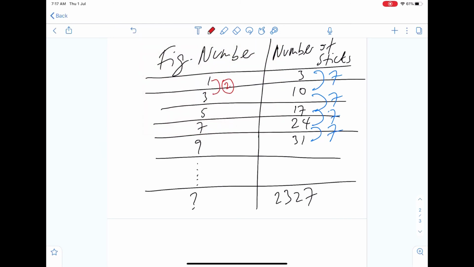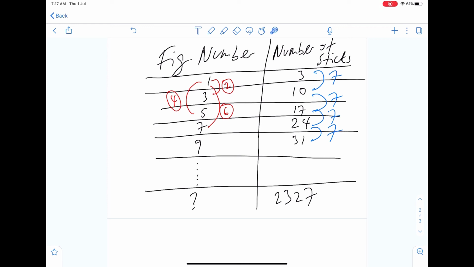If you jump 2 times, 7 and another 7, that is a difference of 4. If you jump 3 times, 7 plus 7 plus another 7, that is a difference of 6.